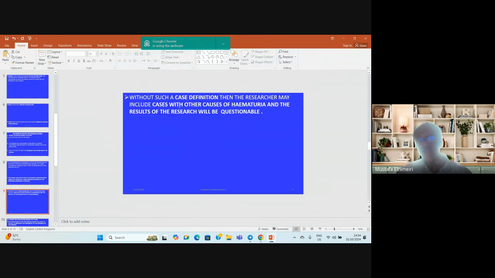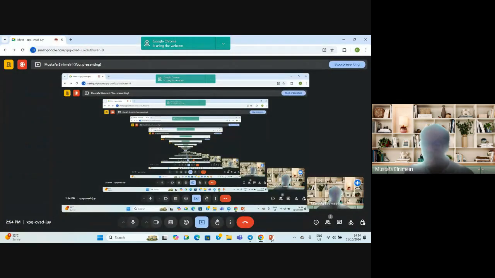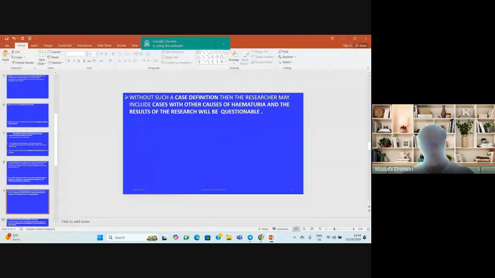Without such a case definition, the researcher may include cases with other causes of hematuria, or blood in urine, and the results of the research would be questionable, as so many cases which are not typical of the standard case definition are included in the study.